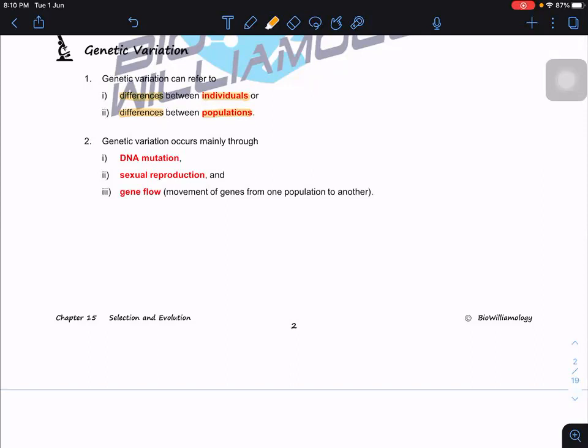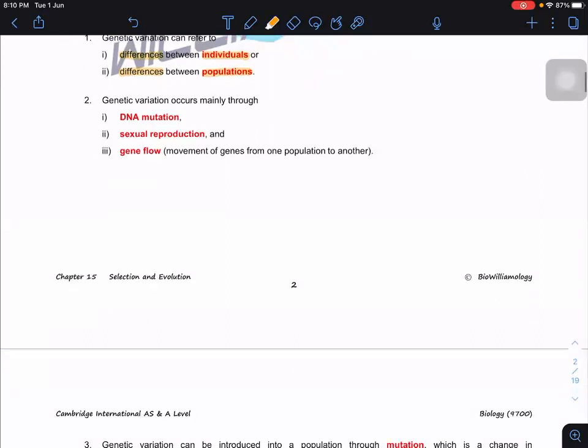Genetic variation mainly occurs through DNA mutations, or as we put it just now, random mutation, as well as sexual reproduction, where we're going to talk about meiosis, random mating, as well as random fertilization.